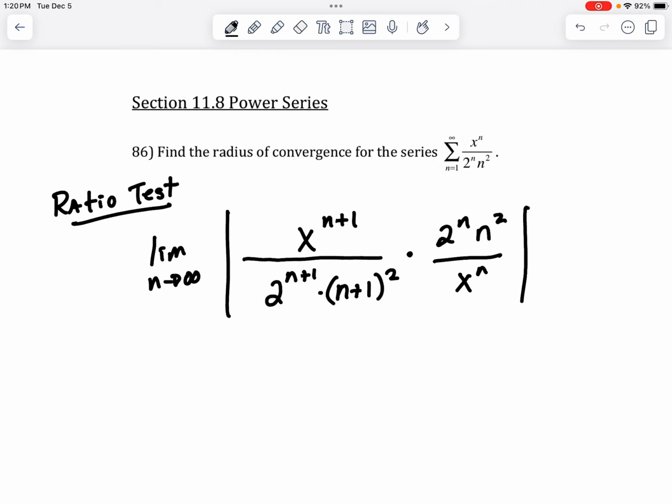And then just get you a red pen and do some canceling. Like this 2 to the n, we'll cancel this 2 to the n, still leaving a 2 on the bottom. And this x to the n will cancel this x, so leaving just an x to the 1 on the top.